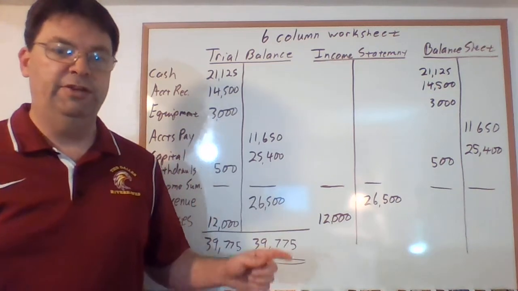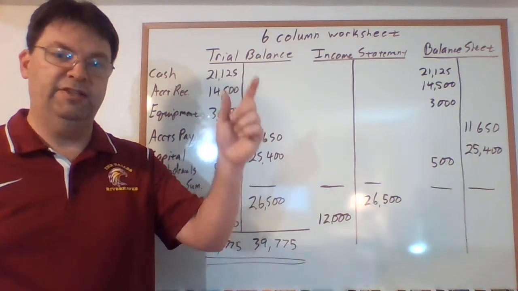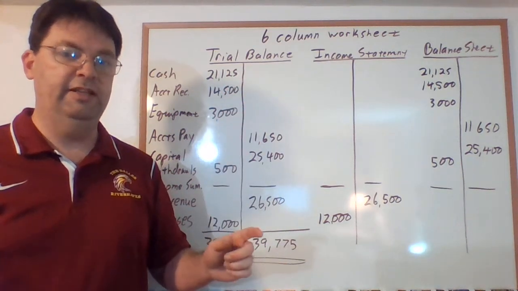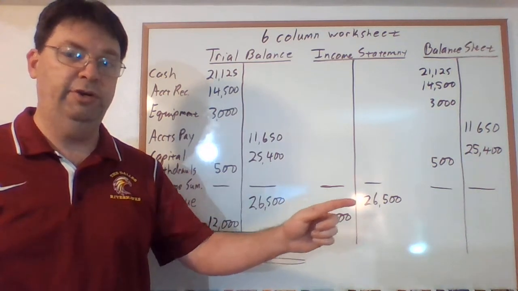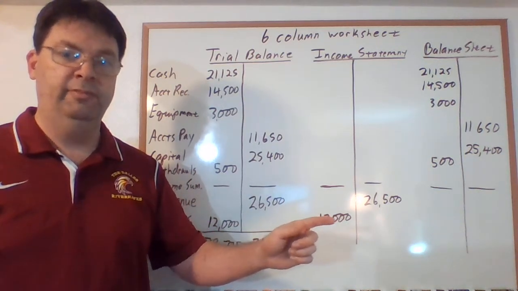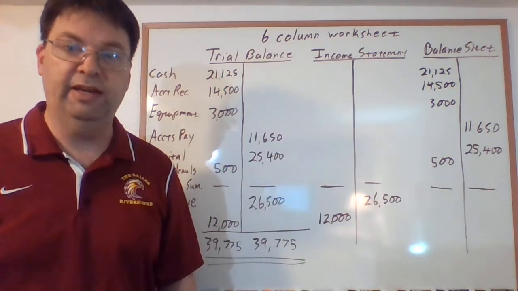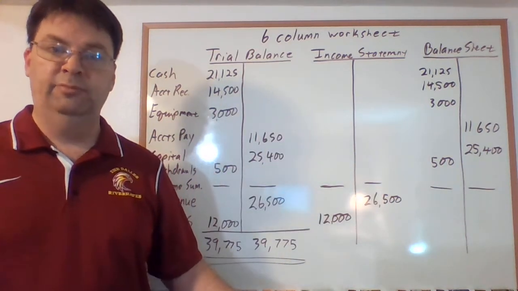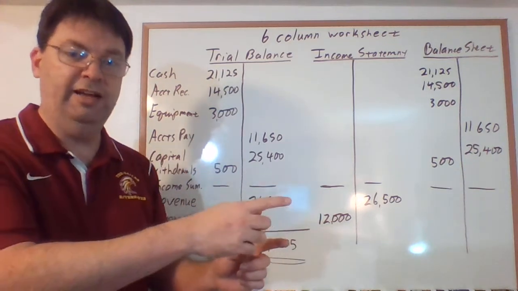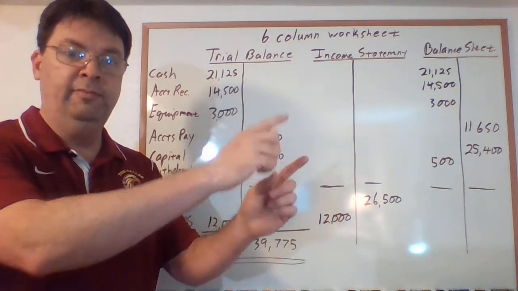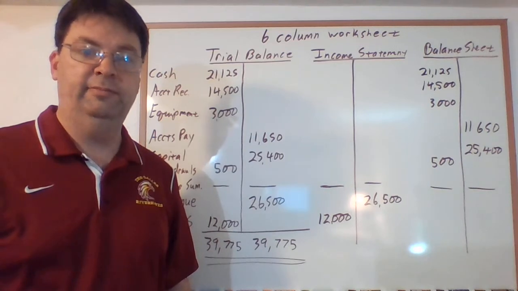All right. So you want to understand that the trial balance is all the numbers. The income statement is just revenue and expenses, which makes it easier to do the balance sheet because the balance sheet is just everything else. Okay? Anything not expenses and revenue goes into the balance sheet. There you go.